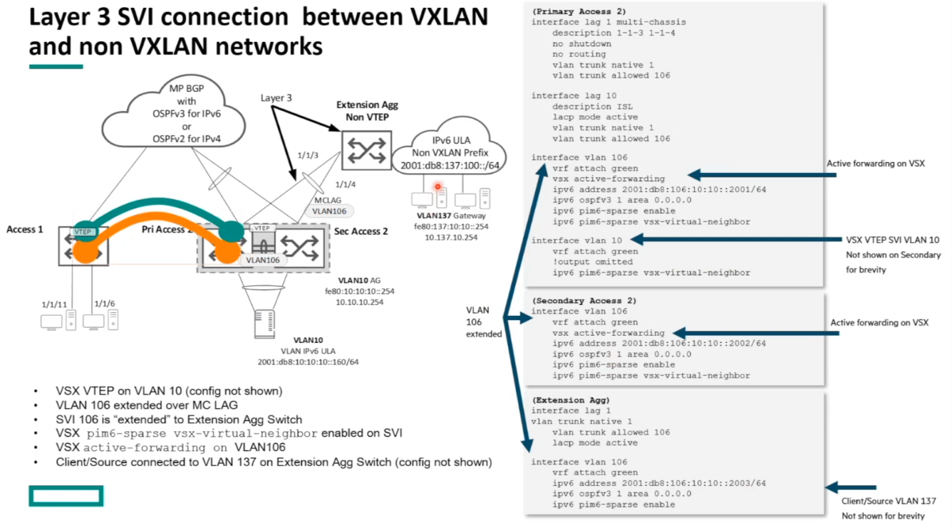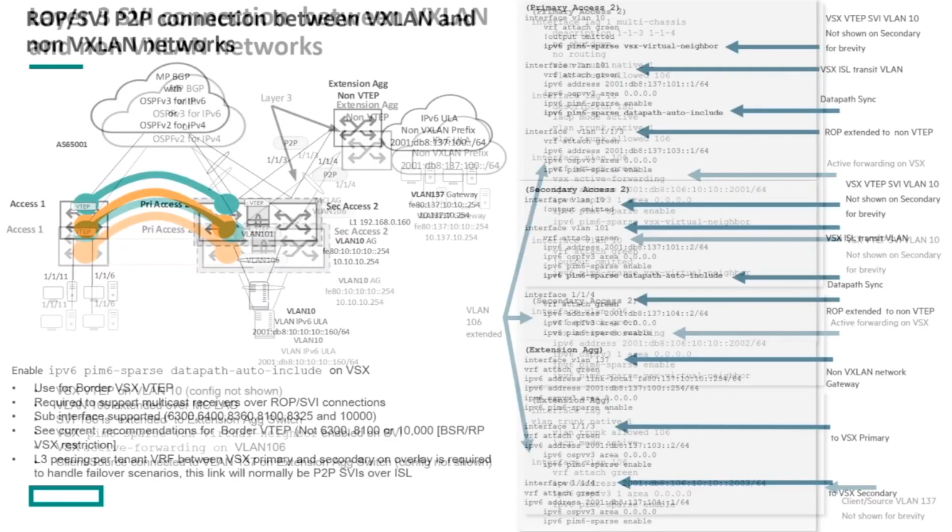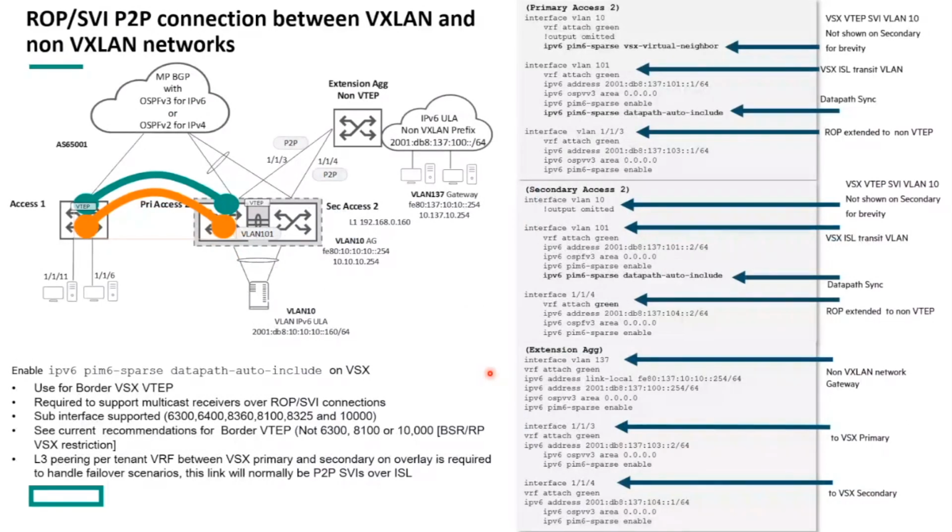Again, this is just an extract of the configurations and not the whole configurations, but expecting that most people know what the remainder of the configurations look like. Now, finally, we also support point-to-point connections to the non-VXLAN network, so routing on ports or SVIs, and sub-interfaces here.